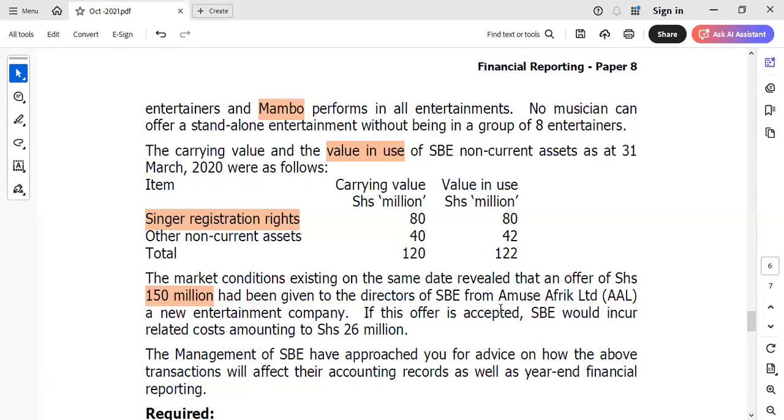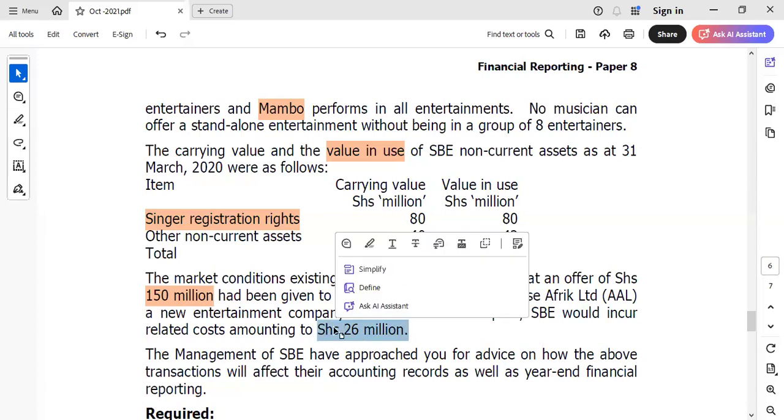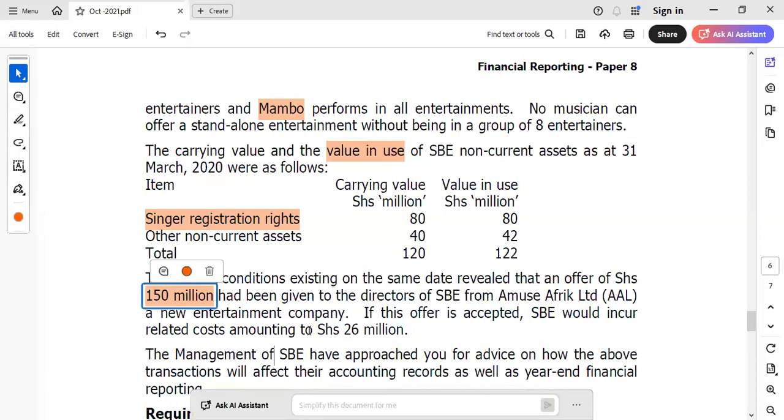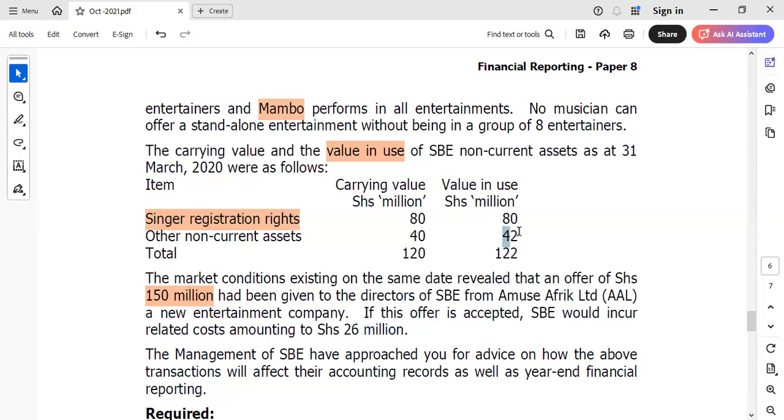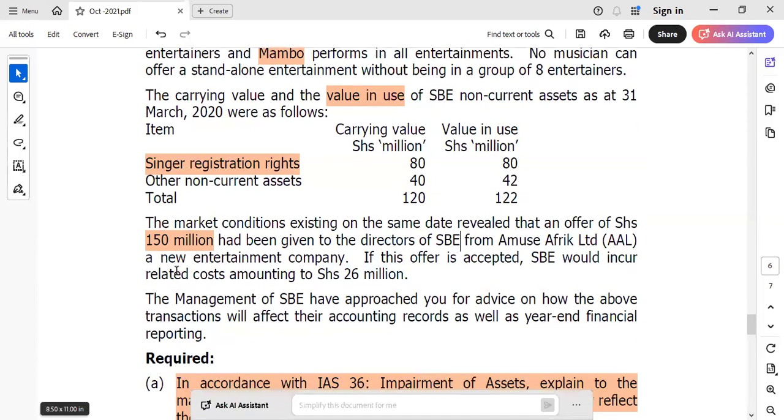But they are telling you if this offer is accepted, the company would incur related costs too. So this is the cost to sell. So you will have the fair value minus cost to sell, compare it with the value in use, see which one is higher. Okay.